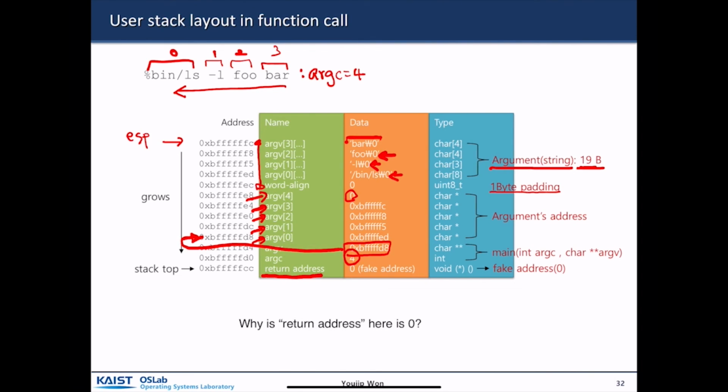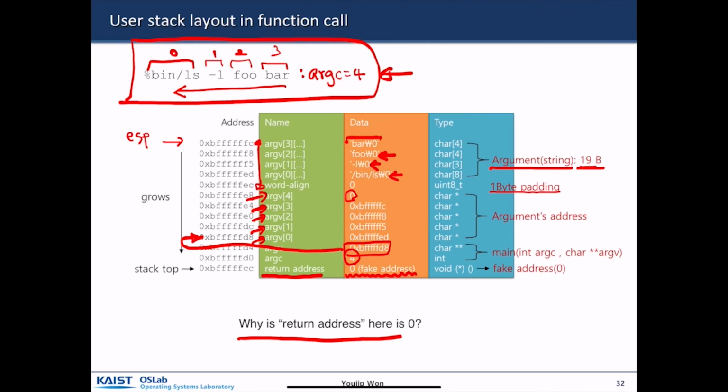However, in this case, there is no return address because this is just a newly created process. Once this is over, there is no way to return, you just finish the thread. So for the return address, you push 0 as a fake address. So I just gave the answer to this question: why is the return address 0? Because it's just a newly created process.